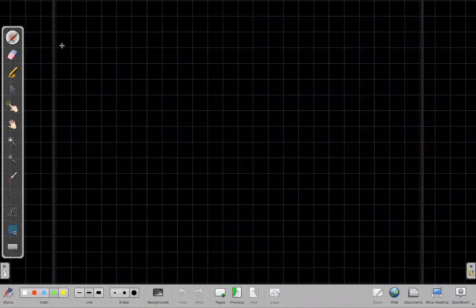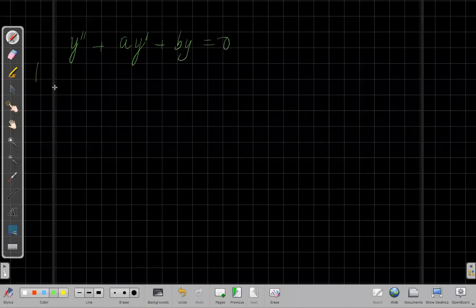So in conclusion, if we have the second order equation y double prime plus a y prime plus b y equal to 0, the characteristic equation is lambda squared plus a lambda plus b equal to 0.